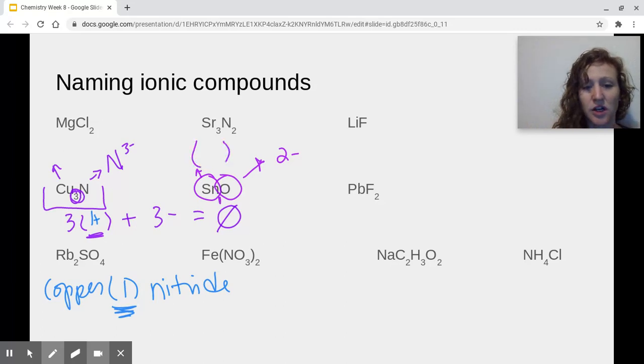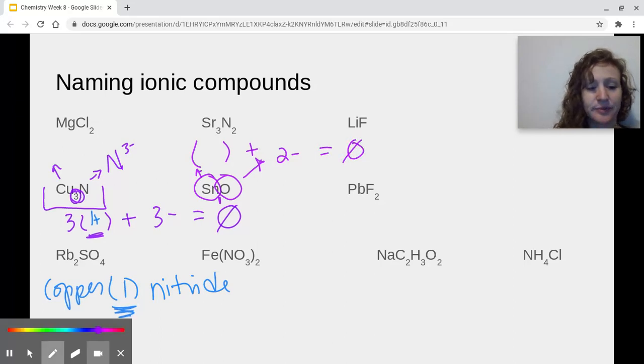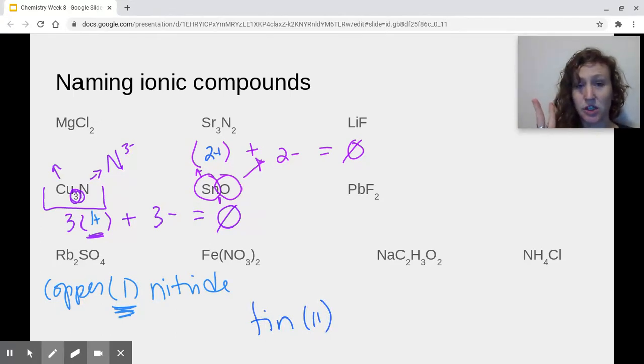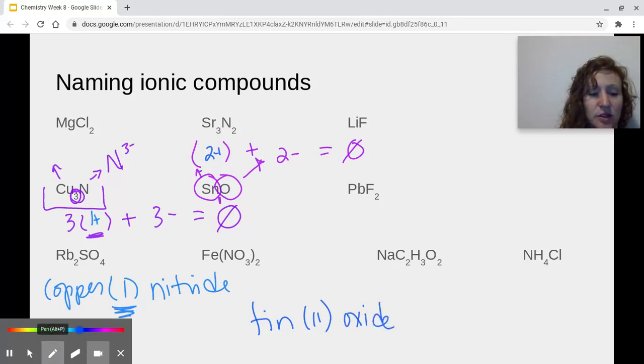So what charge of tin must be added to a 2 minus in order to get to 0? It's got to be a 2 plus charge. So that's going to be tin 2, because tin has a 2 plus charge. So the Roman numeral indicates the charge. Tin 2 oxide.